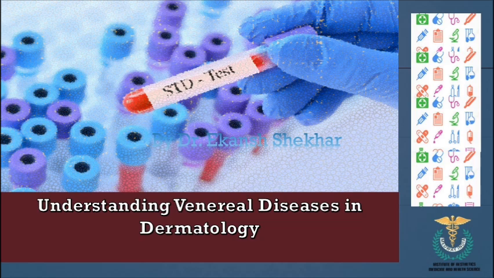Also, PCR, which is again an important diagnostic test, is used to detect the presence of DNA from specific microorganisms such as Neisseria gonorrhoeae and Chlamydia trachomatis. There is also serological testing, which is used to detect the presence of antibodies against specific microorganisms such as Treponema pallidum and HPV.